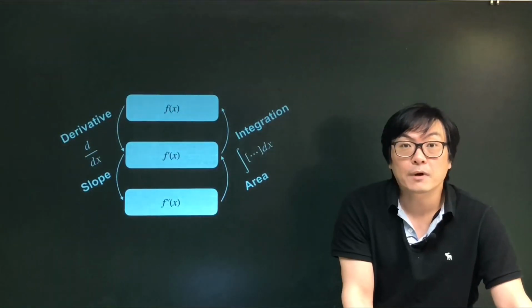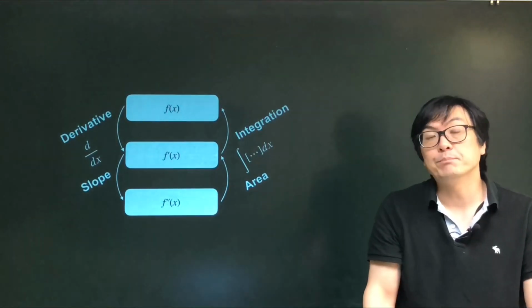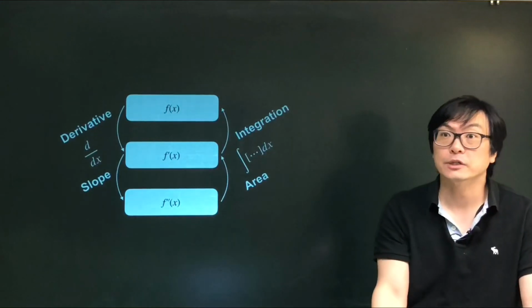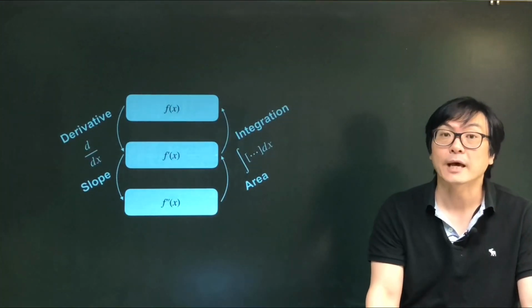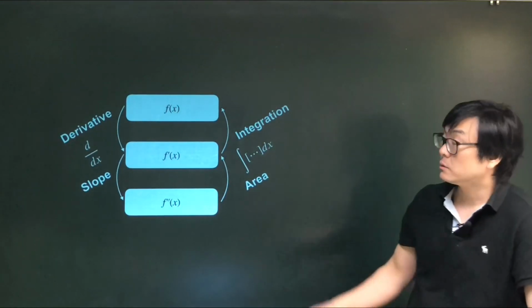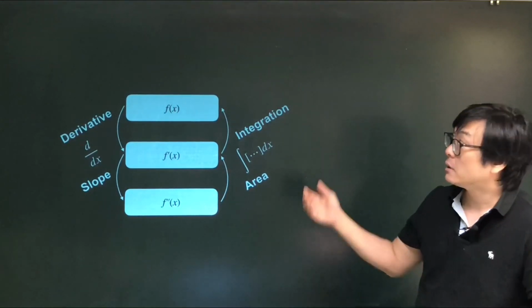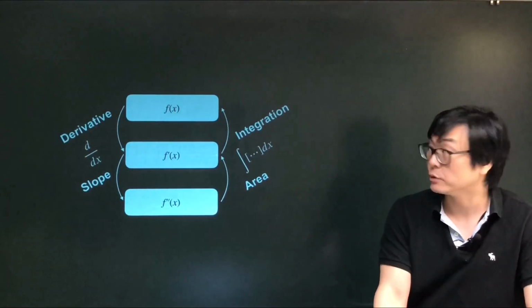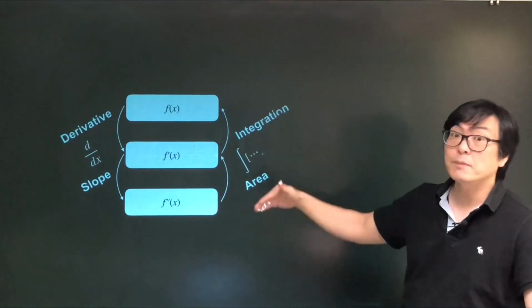The core concept of calculus is actually simple, but recognizing this structure in each question is not that simple. That's the reason why you need to practice a lot. Calculus is about f of x, f prime x, f double prime x. You already know it, from top to bottom.